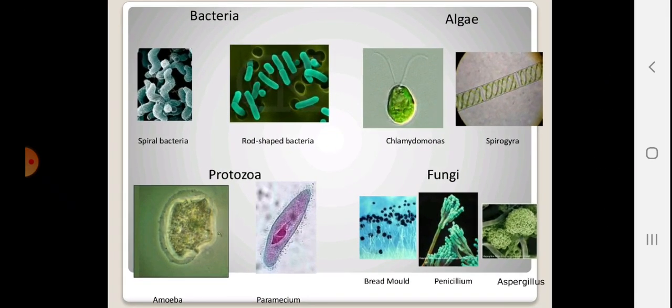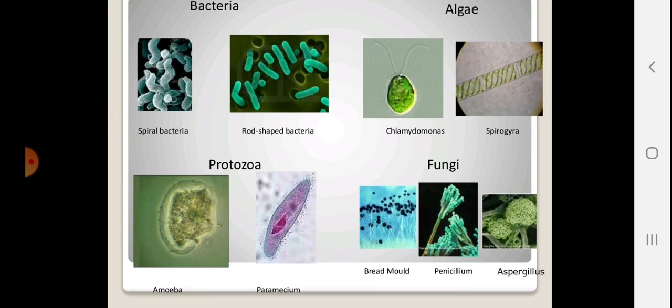Now, here you can see the images of bacteria: spiral bacteria, you know they are S-shaped, rod shaped bacteria, they are like capsules. You can see the green algae, the first picture is of Chlamydomonas, and the Spirogyra, as I told you in my previous slide, they are spiral in shape, so they are named Spirogyra.